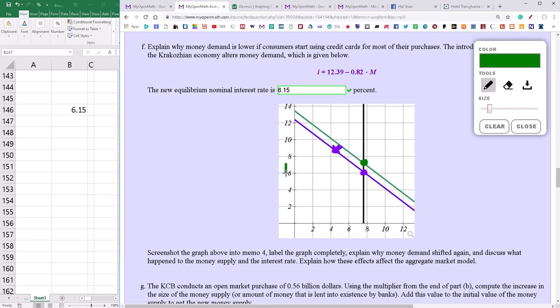So interest rates fell over here, right? Money supply is constant. So we have the original money supply, we have the original money demand, we have the new money demand for this particular model, we have the nominal rate of interest up here, and we have quantity of money down here. Okay, so you'd have to label this more completely than I did.